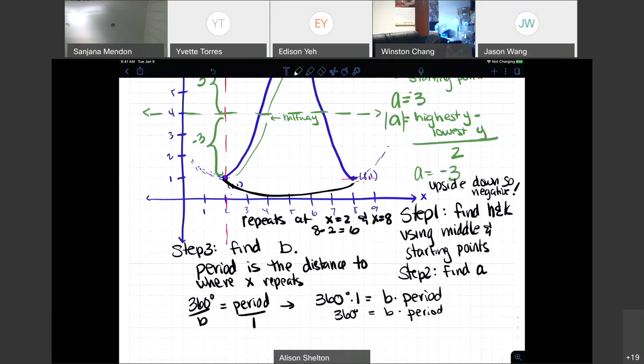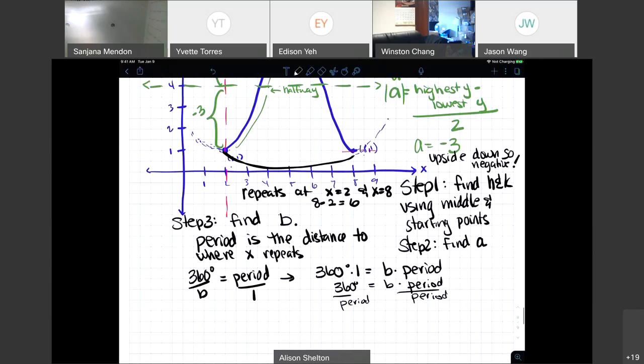So if I want to find b, I just divide both sides by the period. So it's a new equation, but you can figure it out yourself easily. B equals 360 degrees divided by the period. That's equal to 360 degrees, and we found the period was 6 here, divided by 6.